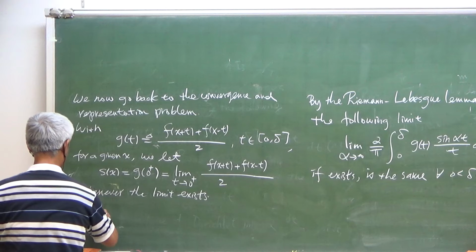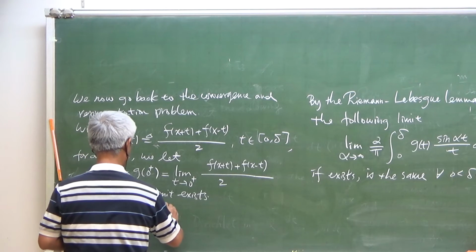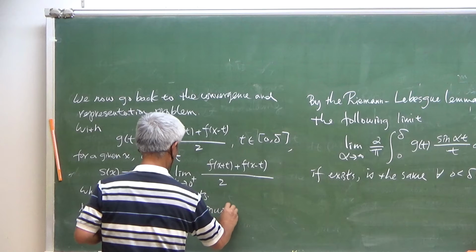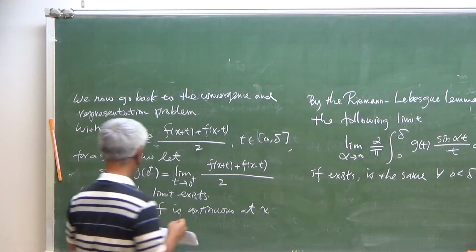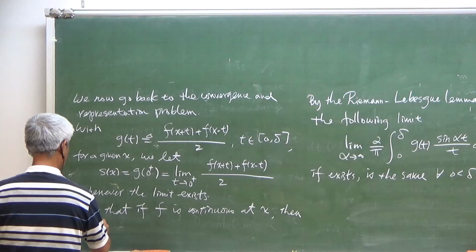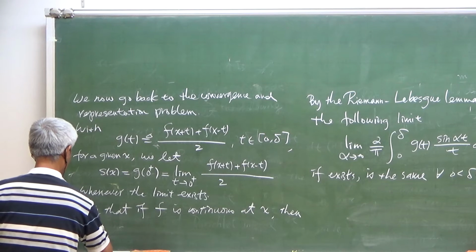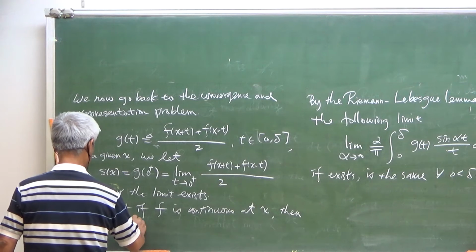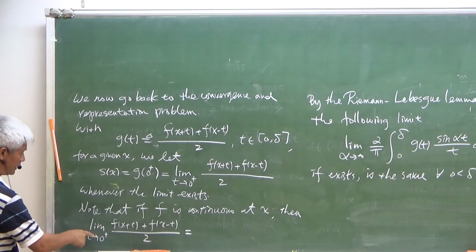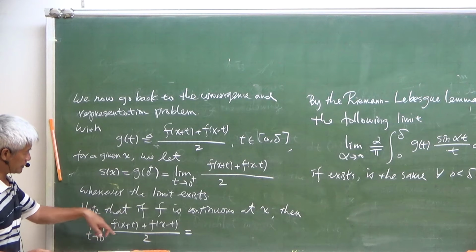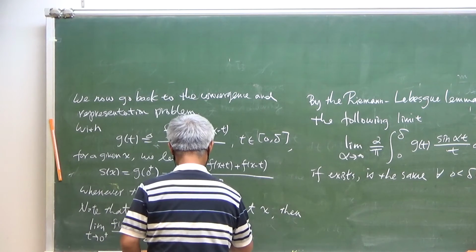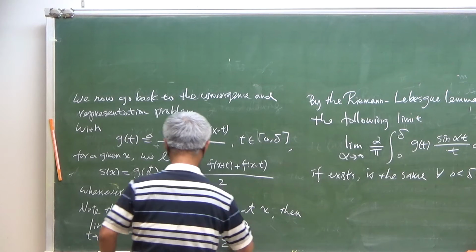And we know that if the function f is continuous at x, then the limit as p goes to 0 plus exists. By continuity, when this value approaches f(x) from the right-hand side, we have [f(x) + f(x)]/2.